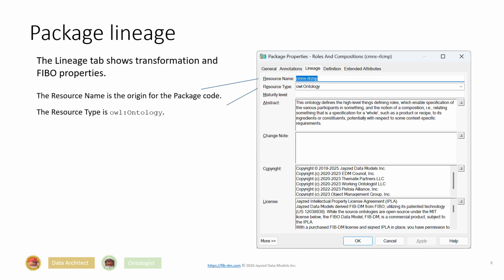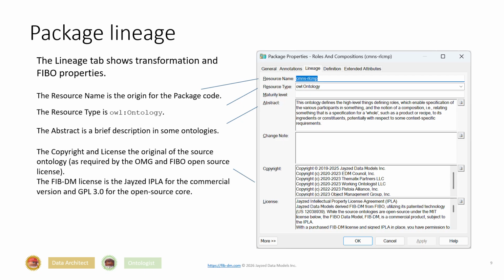And the resource type is in this case an OWL ontology, and on entities, resource types may be data property, object property, or class. And the abstract is a brief description in some ontologies. So again, OMG Commons defines an abstract, and that is what we use for a package comment or definition.